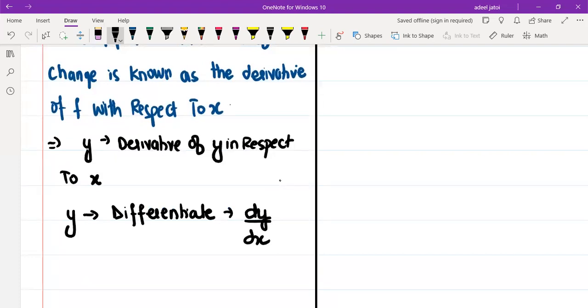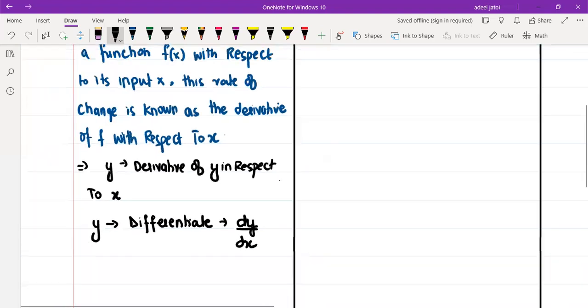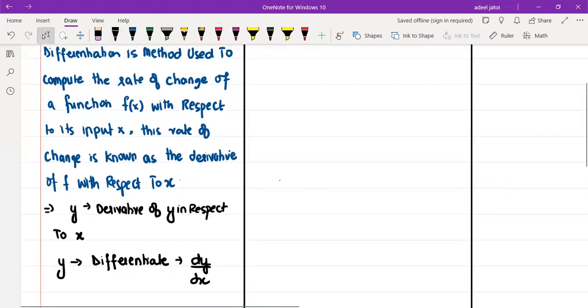That means the derivative of y with respect to x. So that is a clear definition of differentiation: a method used to compute the rate of change, the derivative of f with respect to x.